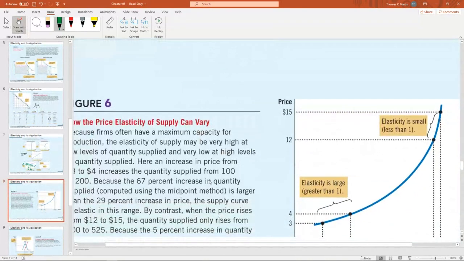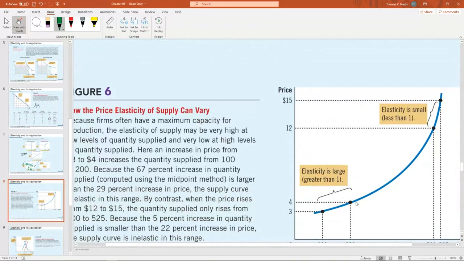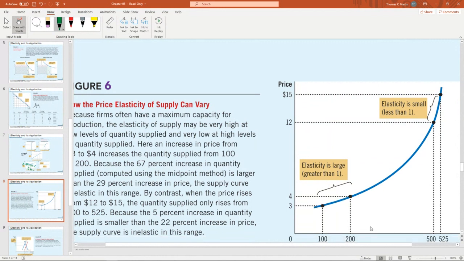Now, in this situation, it's showing a nonlinear curve. It's increasing at an increasing rate. And if we were to calculate elasticity of this curve as we move from left to right, the first part is elastic. As we move from 3 to 4, look at the quantity change. For $1, it's another 100 units.